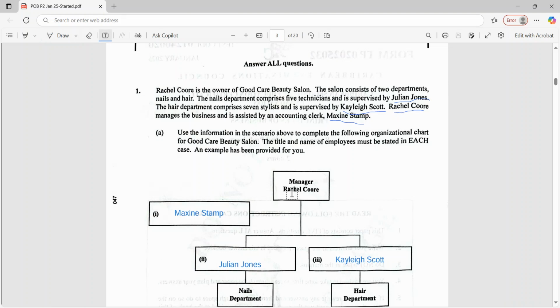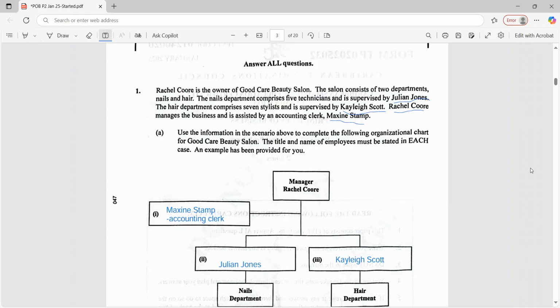It said that we have an accounting clerk and 2 departments. So, the accounting clerk would be managed by the manager. And that is why we have Maxine Stamp here, and her title would be accounting clerk. So Maxine Stamp, accounting clerk.